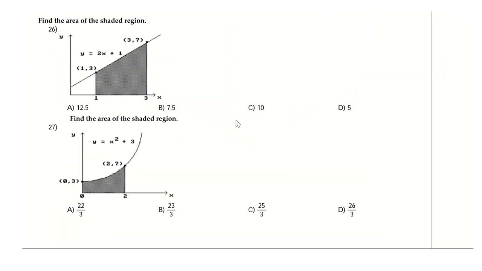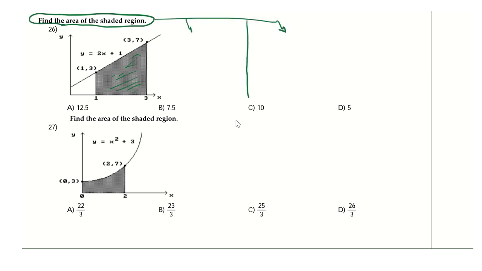How to find the area of a shaded region if the question asks for the area, or by using integration. He asked for the area. And here you can solve this question by two methods. First method by using integration, and the second method by using geometry and the area of the figures.